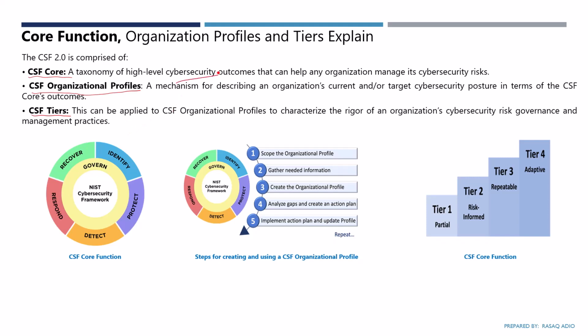I think we have already discussed the core. It is a taxonomy of high-level cybersecurity outcomes that can help any organization manage its cybersecurity risk, right? But when it comes to the organizational profile, it is a mechanism for describing an organization's current and or target cybersecurity postures in terms of the CSF core outcomes.